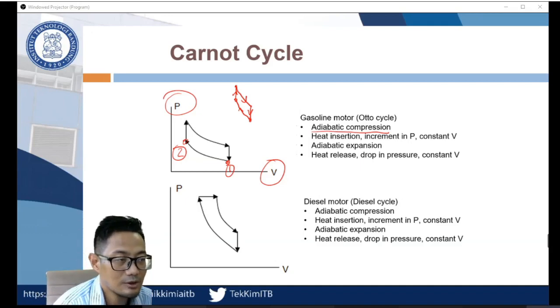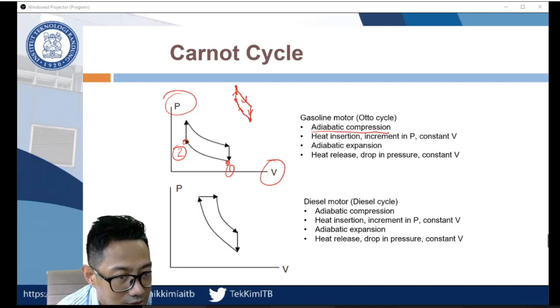In adiabatic compression, what is happening? Work in, heat in, work out, or heat out?